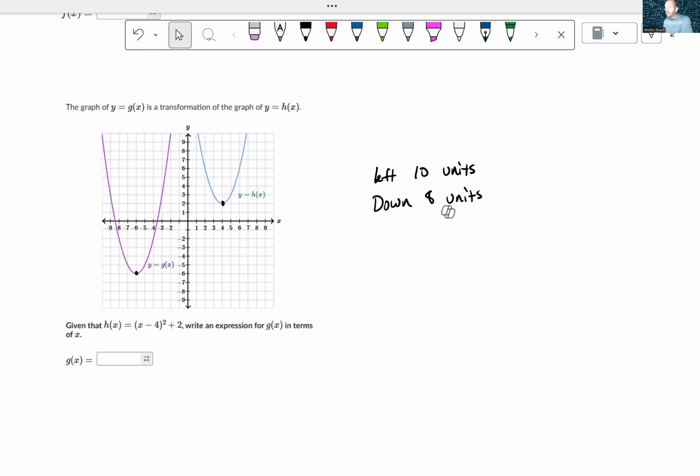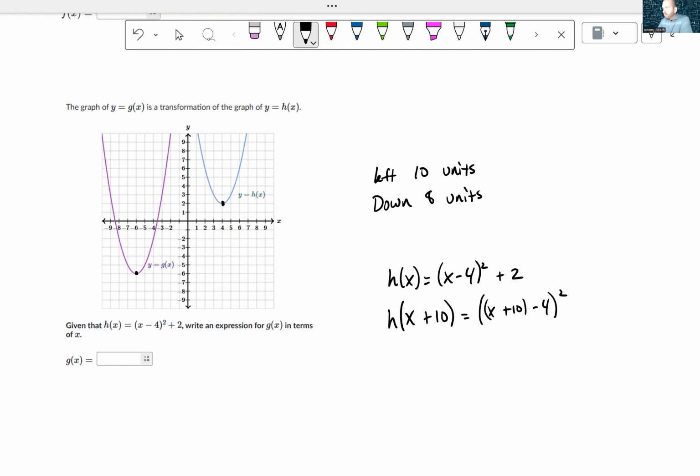So we're going to write g of x. We're going to replace the x in the h of x with x plus 10. So if h of x equals x minus 4 quantity squared plus 2, it's going to go left 10, so we're going to write h of x plus 10 is equal to x plus 10 minus 4 squared plus 2.